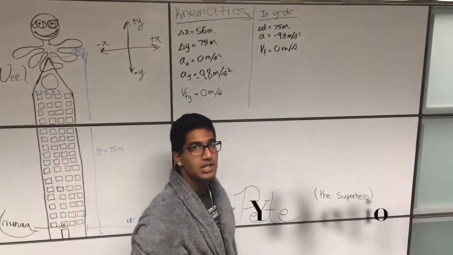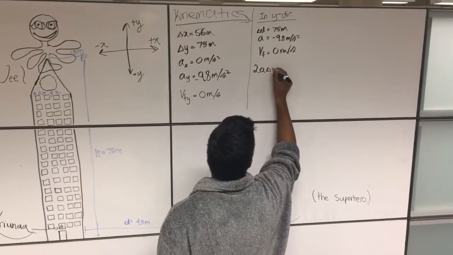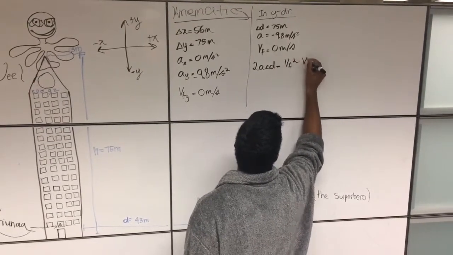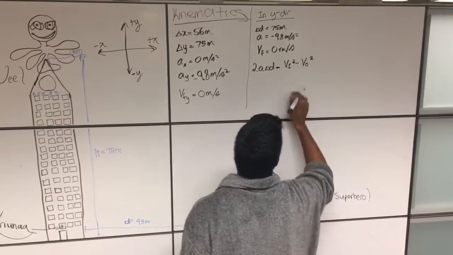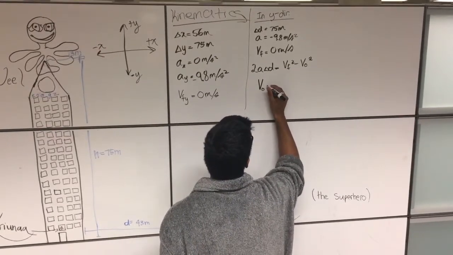So we can use the equation 2 times the acceleration times the change in distance is equal to velocity final squared minus the velocity initial squared. Now in order to solve for initial velocity, we just push the velocity final to the other side.